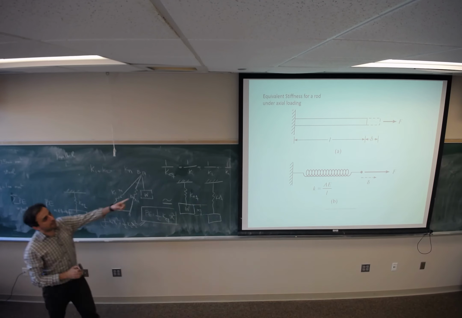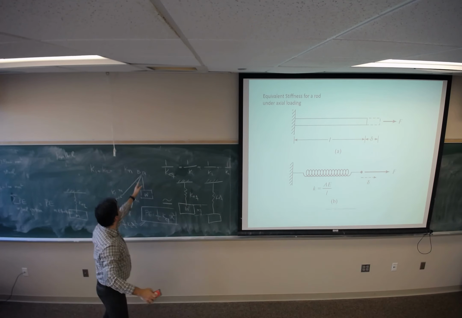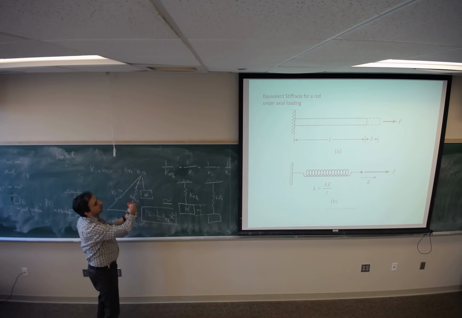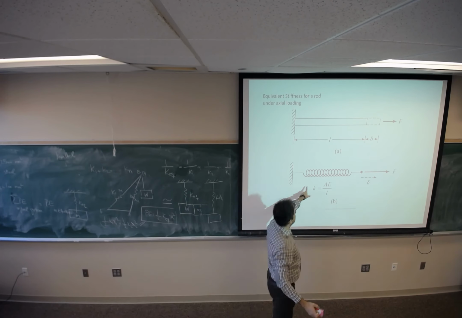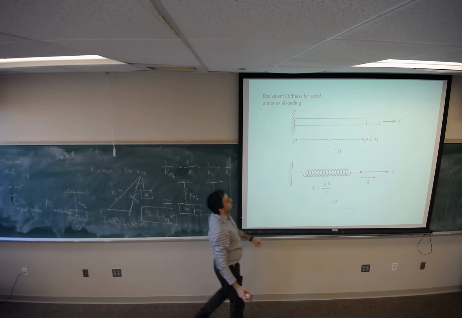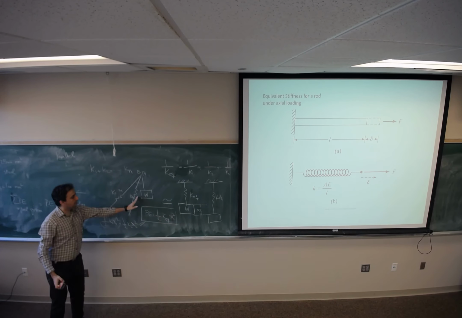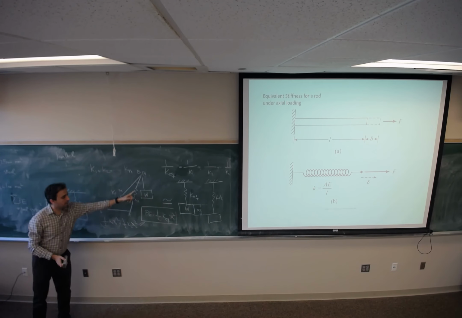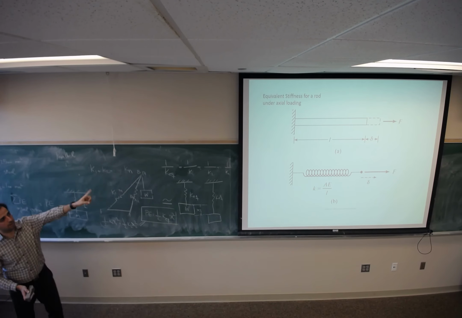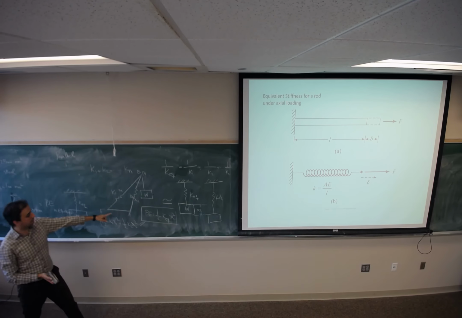We looked at this example when a bar or rod like this is under axial tension or compression. The equivalent stiffness for the bar, rod, cable, or this boom is going to be A, the cross section, times E1, the modulus of elasticity of the material of the component, divided by the length.